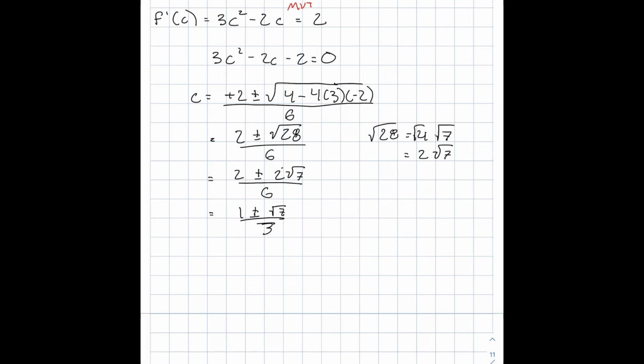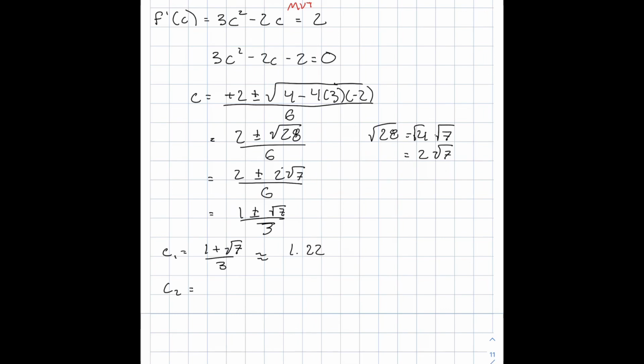So if you put those in your calculator, remember we need numbers that are in between negative 1 and 2. We'll call that one C1. C1 equals 1 plus the square root of 7 over 3, which is about 1.22.